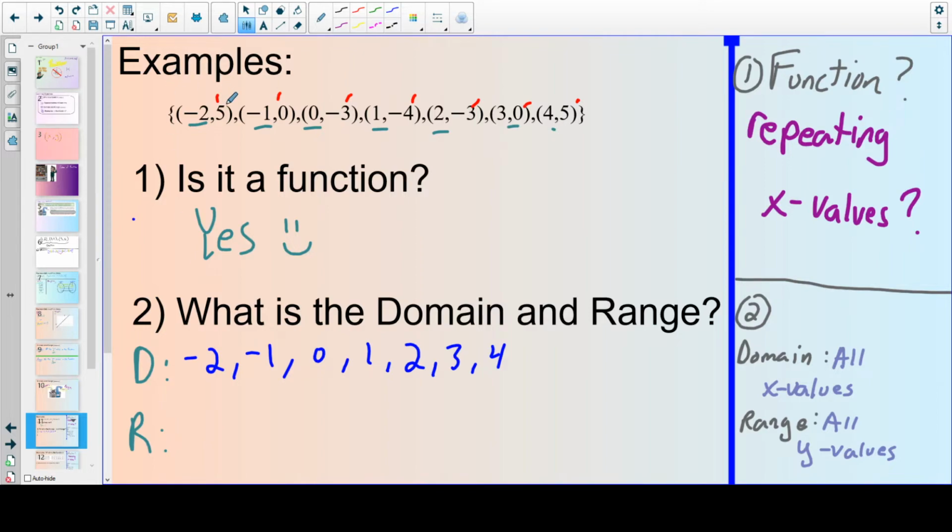So we have 5, we have 0, we have -3, we have -4. We have -3 again, but that's okay because y values are allowed to be repeated. So I'm not going to write that. We already have 0 and we already have 5. So all of the possible values in the range are just 5, 0, -3, and -4.